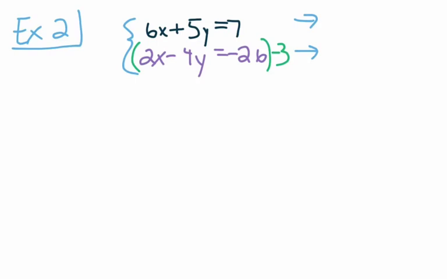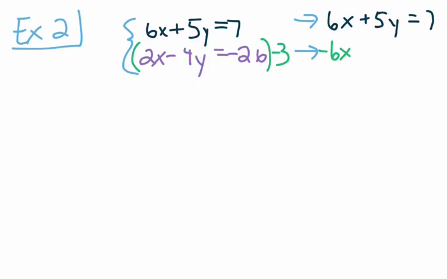So I'm just going to copy down my first equation. I'm going to copy that down, and now I'm going to show the distribution of the -3 into the equation, into the purple equation. So I'm going to start with -3 multiplied by 2x is going to give me -6x, and then -3 times -4y.